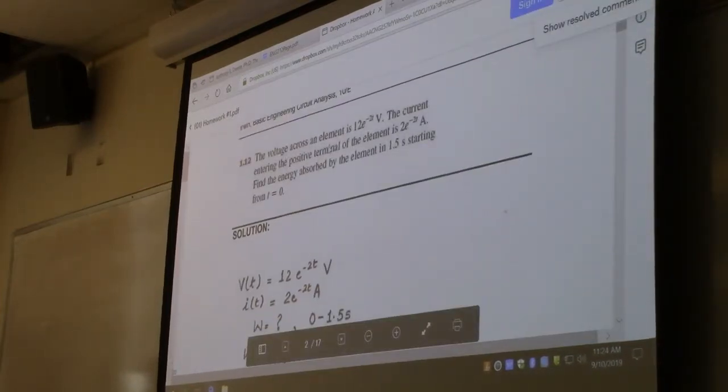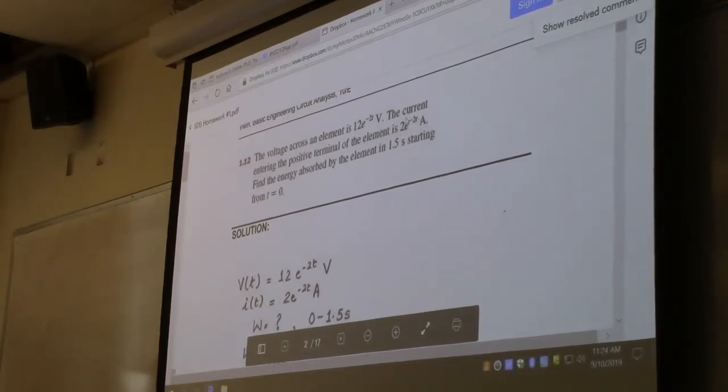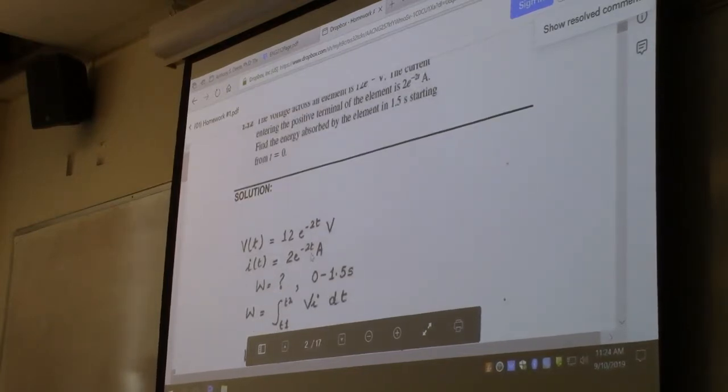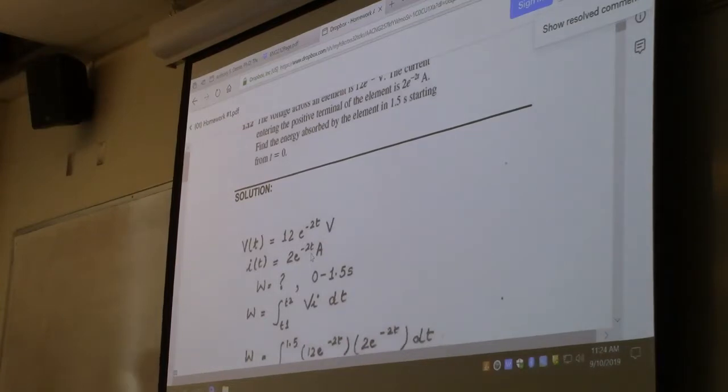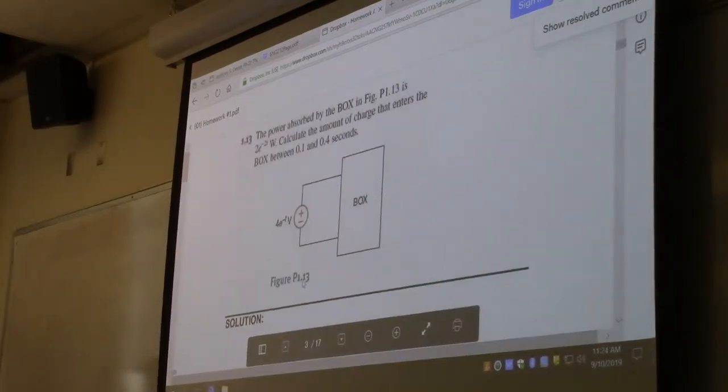So the voltage across an element is given by this equation right here. The current entering the positive terminal of the element is given by this other equation. So essentially what they're telling us is, we have our V, we have our I. It was number 13. Oh, 13, apologize. Okay.